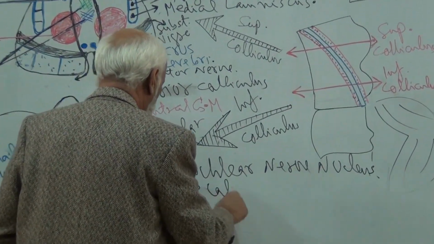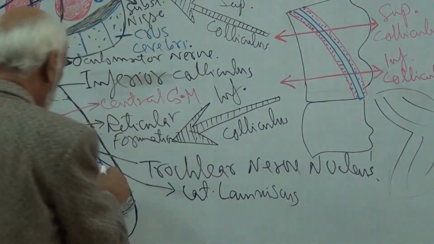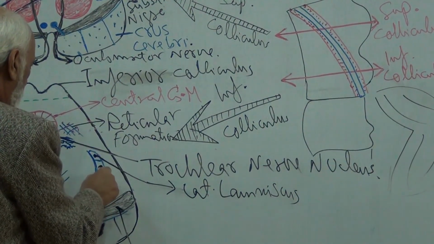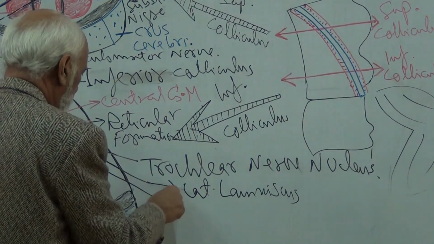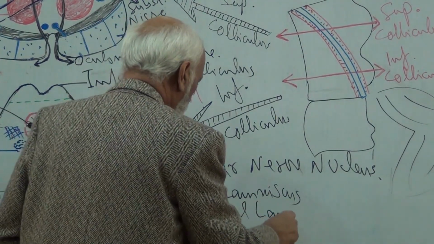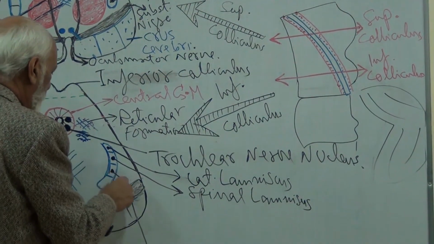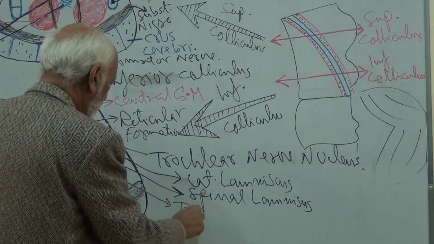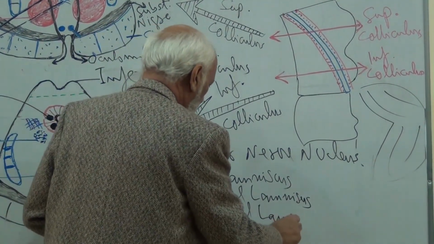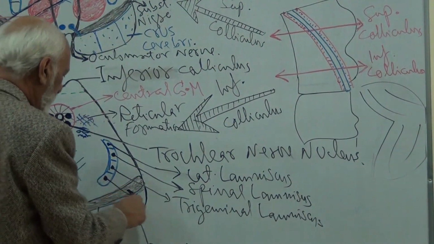That is the lateral lemniscus, then the spinal lemniscus, then the trigeminal lemniscus, and the last one is the medial lemniscus.